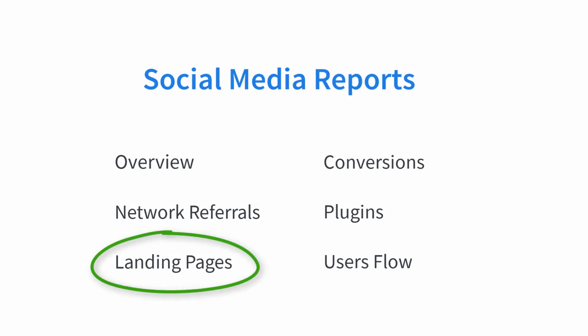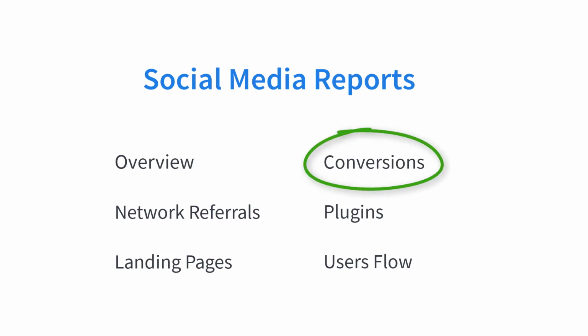And then the landing pages report lets you determine what content works best for social. Your top social landing pages may not be the same as your top Google organic search pages, so figure out what's popular and create similar content for future social campaigns. The conversions report lets you figure out what social efforts are having an impact on your goals.